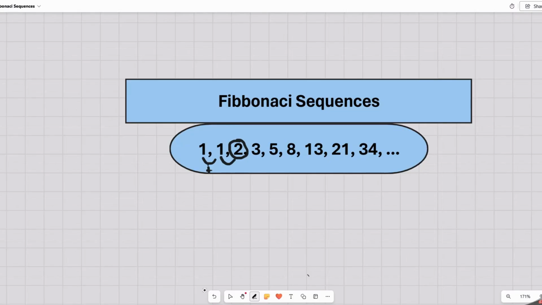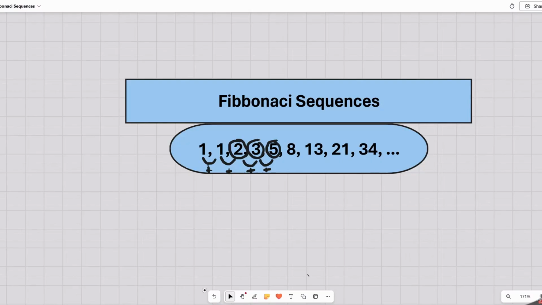Then we use 2 and 1. We take the sum of that. We get our next term in the sequence, which is 3. 3 and 2, we take the sum to get 5. And then you add them up and you get the next term in the sequence. This goes on forever.